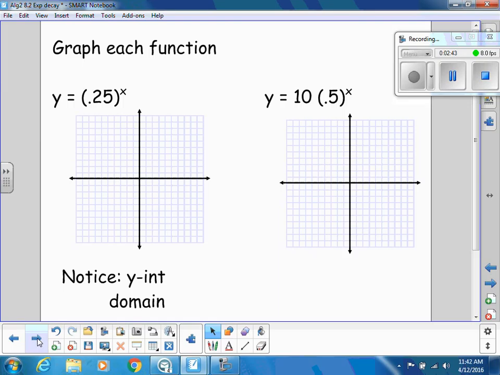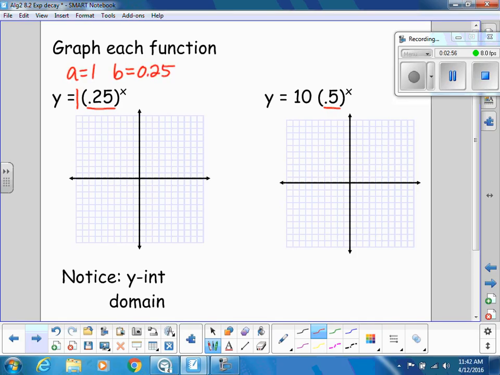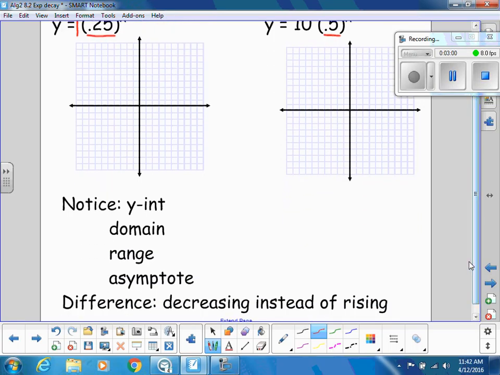So in both of these examples, we can tell that these are decay, and I'm going to start off doing the same thing. My a value is 1, my b value is 0.25. If I graph this, I'm going to use the same techniques as the growth. My y-intercept is still going to be my a value.